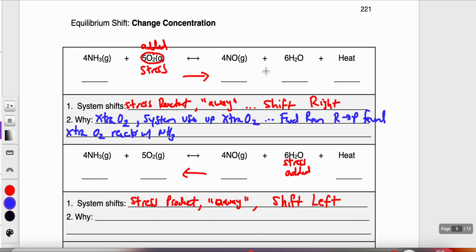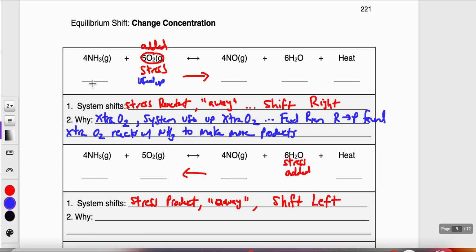When they react, they make more of what's on the product side. So let's start here. This stress needs to be used up. Well, it's used up by reacting with NH3.